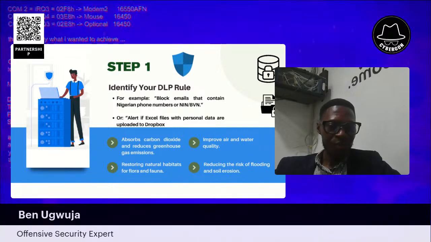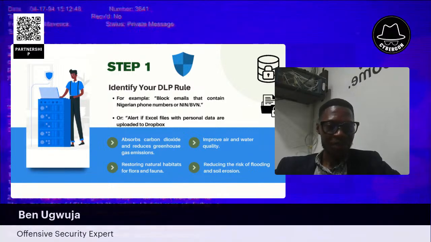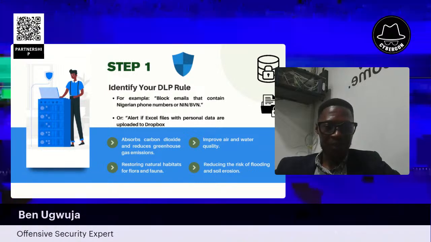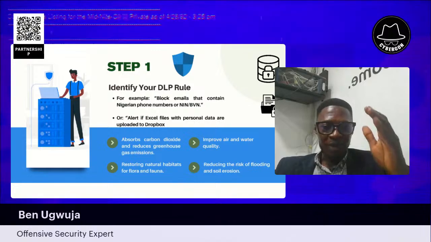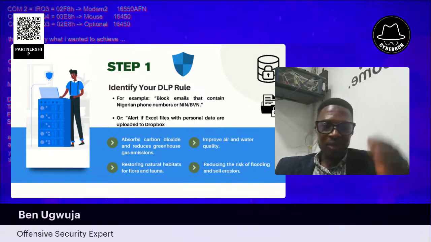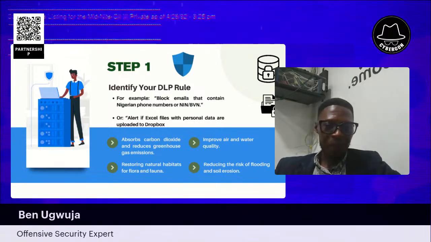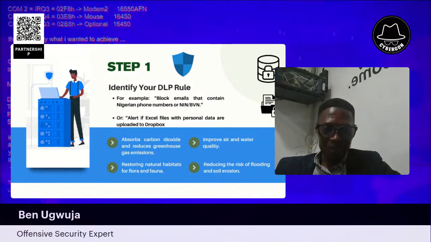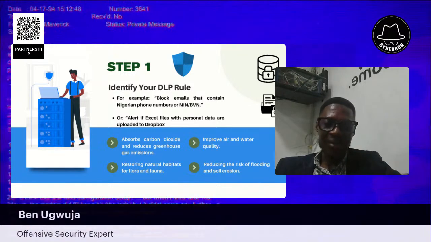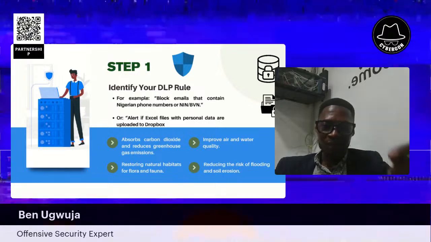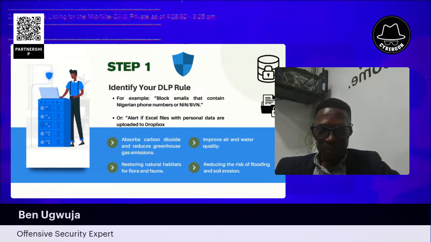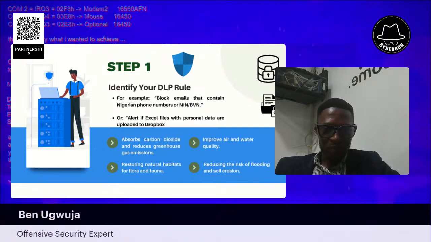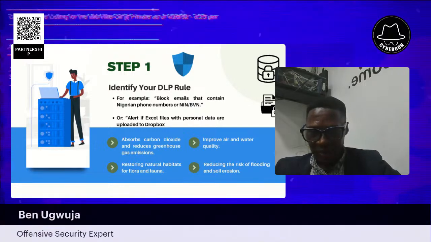So if anyone uploads, be it an Excel file, PDF, or whatever that contains the BVN, NIN, or ID, PFA number, staff, whatever, any data you have classified as highly sensitive, then you can set this rule to block it. You see that? So you can see from here.